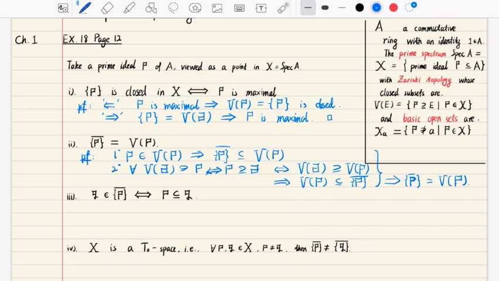So they are called a pair of closure operators. In fact, we have already seen them; you can guess the composition of V and I and the composition of I and V are closure operators.